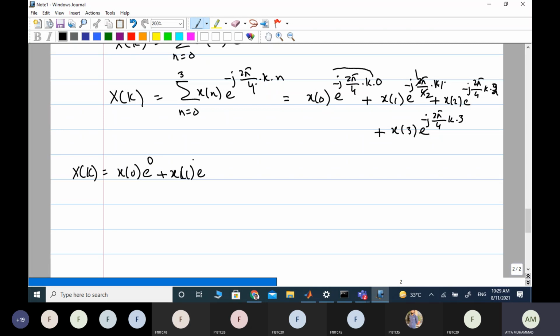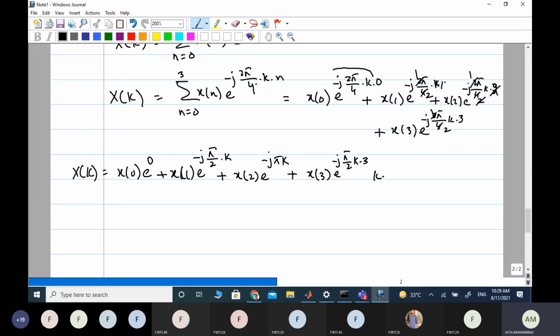So what we get is e to the power minus j pi by 2 times k, plus x of 2 e to the power, now you can see 2 under 2, 2 to the 4, and we get e to the power minus j pi k, plus x of 3 e to the power, this gets cancelled and we get minus j pi by 2 times k times 3, right?